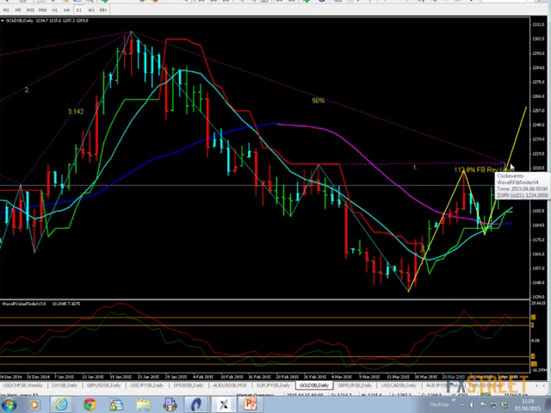Now, let me explain what the FB reversal level is. The FB reversal level is a false break reversal level. And what will very, very often happen in markets in general, particularly in currency markets, is that price will pop up to a previous level and it will put in a reversal.